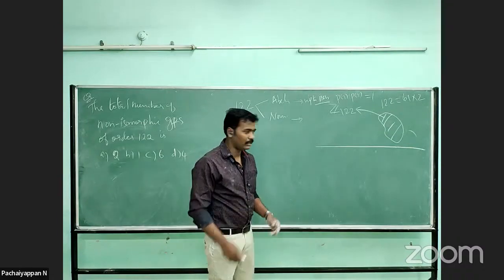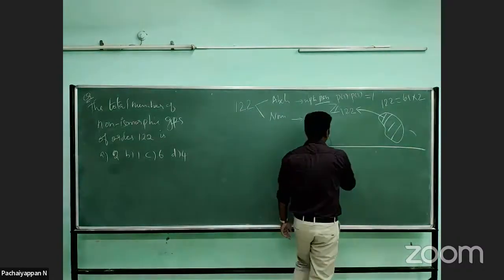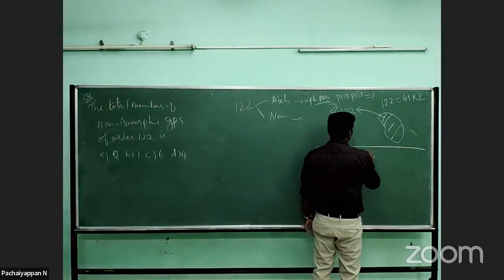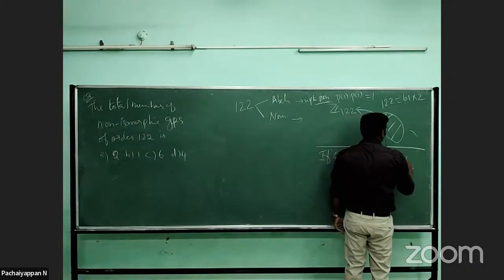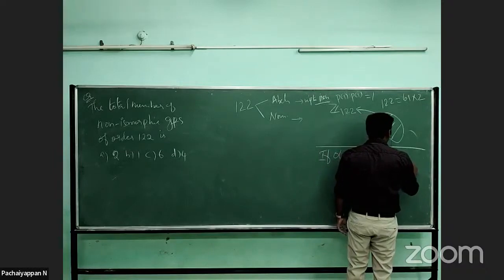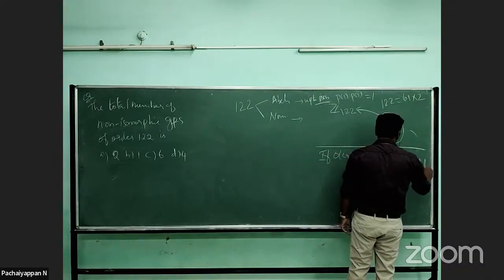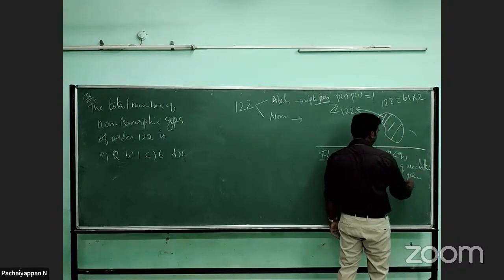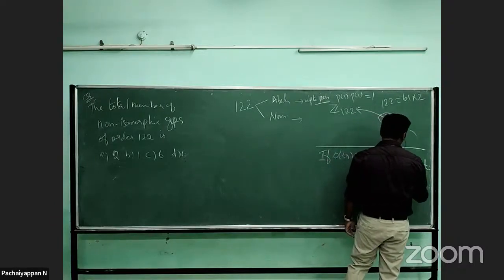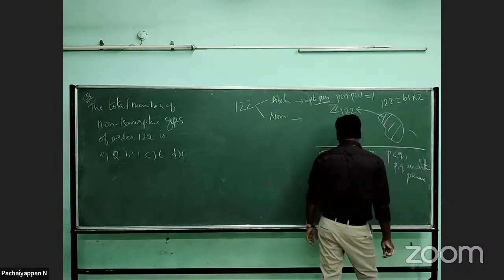I will try to write here: if order of G equals PQ, P less than Q, where P and Q are distinct primes.